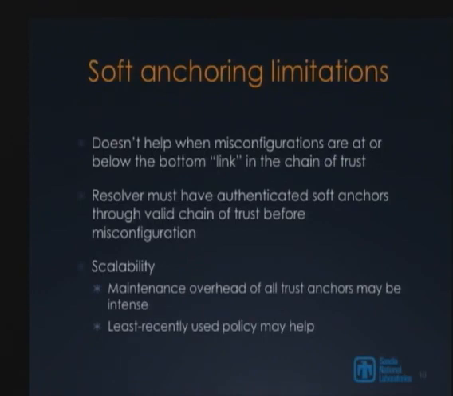Also, I've mentioned this before, but you have to have a pre-existing notion of trust, meaning this DNS key that uses a soft anchor has to be pre-authenticated before you can use it. So the chain has to exist unbroken to the resolver before the break happens for this to work.